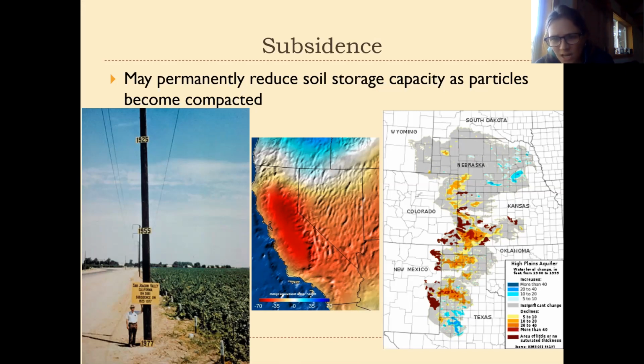But in that 15-year period, there are losses of up to 40... I don't know if this is inches or centimeters. Oh, in feet. Oh my gosh. More than 40 feet in these dark red areas in a 15-year period.